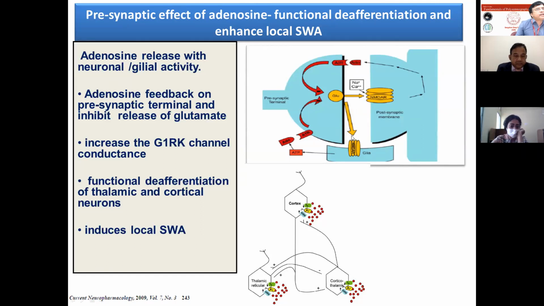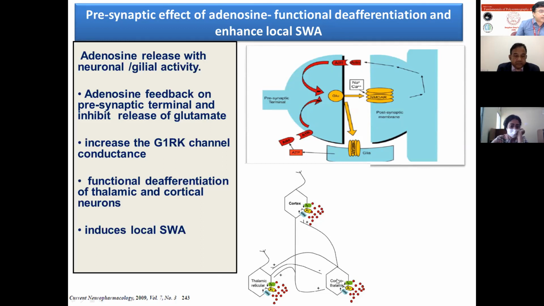Once there is an increase in the conductance of the potassium channels, this presynaptic terminal gets into a hyperpolarized state, and there will be a functional differentiation of the presynaptic terminals from the postsynapse. This functional differentiation takes place at the thalamic level and the cortical level.